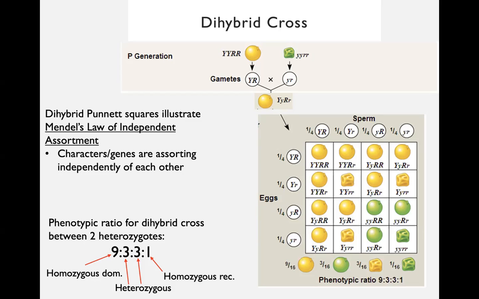You have 3 of each kind of heterozygote, so it could be heterozygous for either character. And then you only have one homozygous recessive: little y, little y, little r, little r.